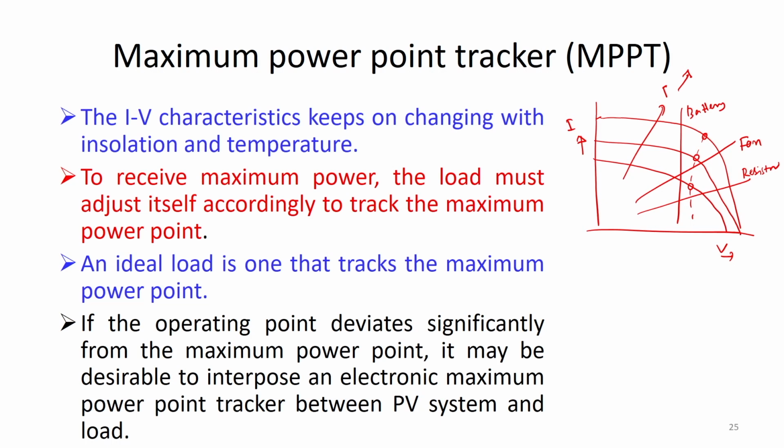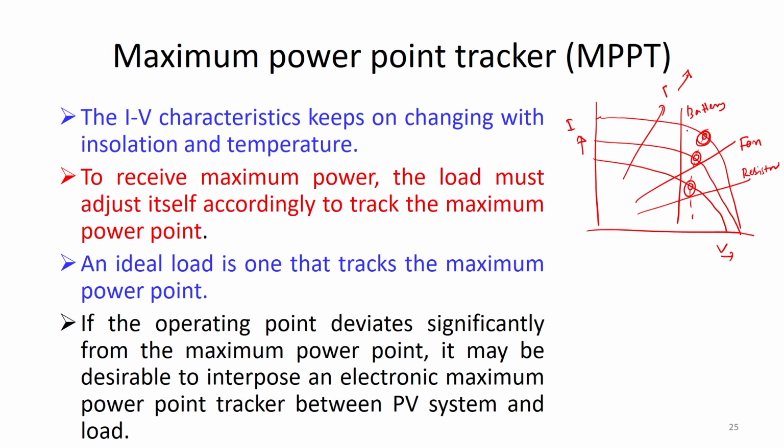So, if the operating point deviates significantly from the maximum power point, it may be desirable to interpose an electronic maximum power point tracker between the PV system and the load. If we can operate the system at this condition, then we can really maximize the power utilization, right.